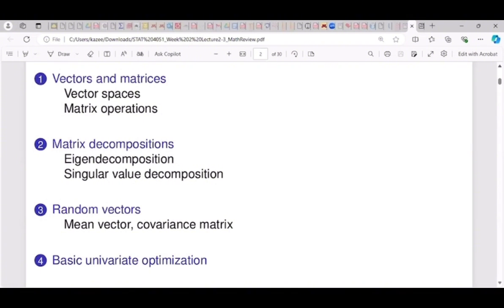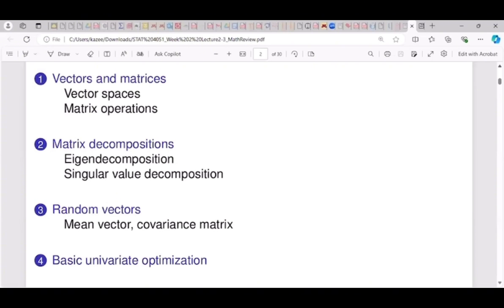And not only that, today, I'm going to walk you through what we call matrix decompositions. The idea of matrix decomposition is very, very useful when you want to talk about matrix completion.